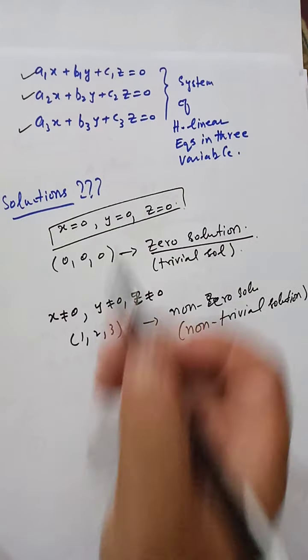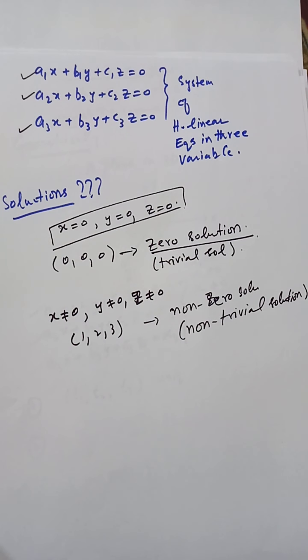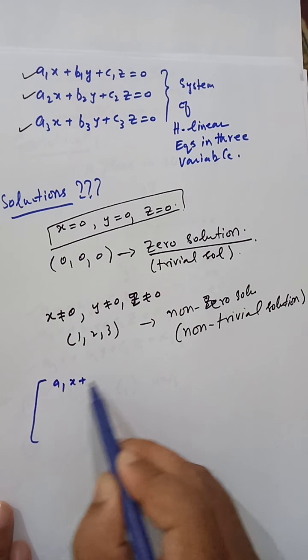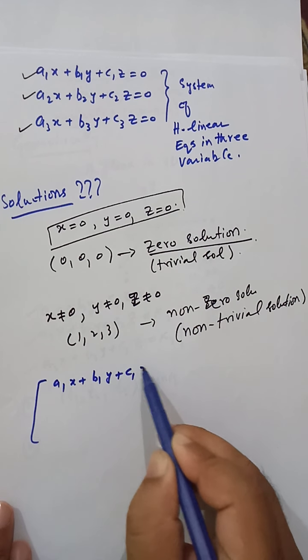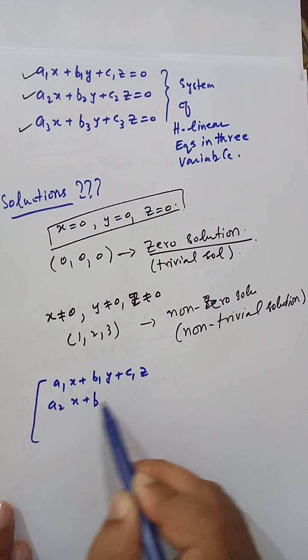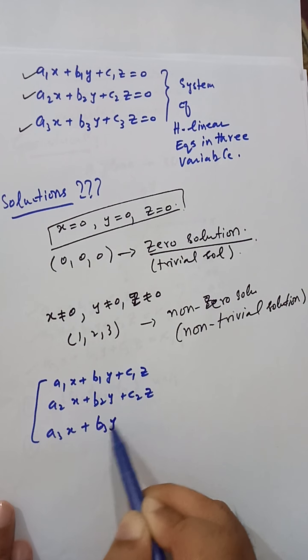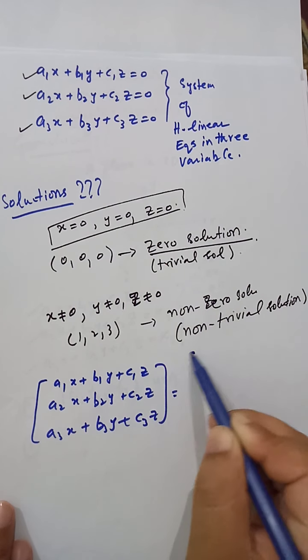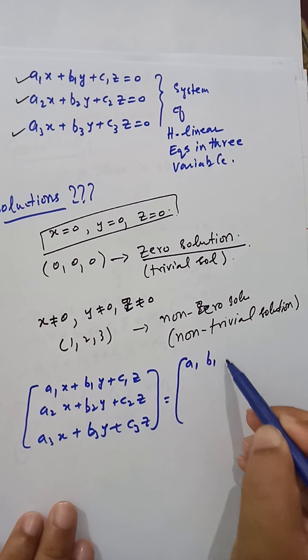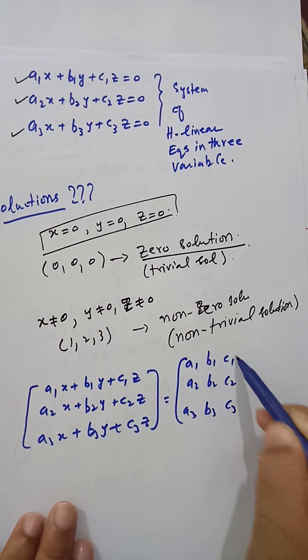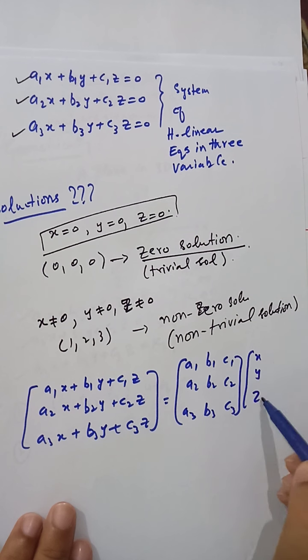If I write the left-hand side of each equation in the system in a matrix form, for example like this, a1x plus b1y plus c1z, a2x plus b2y plus c2z, a3x plus b3y plus c3z, this can be written as the matrix with rows a1 b1 c1, a2 b2 c2, a3 b3 c3, multiplied by the column x, y and z.